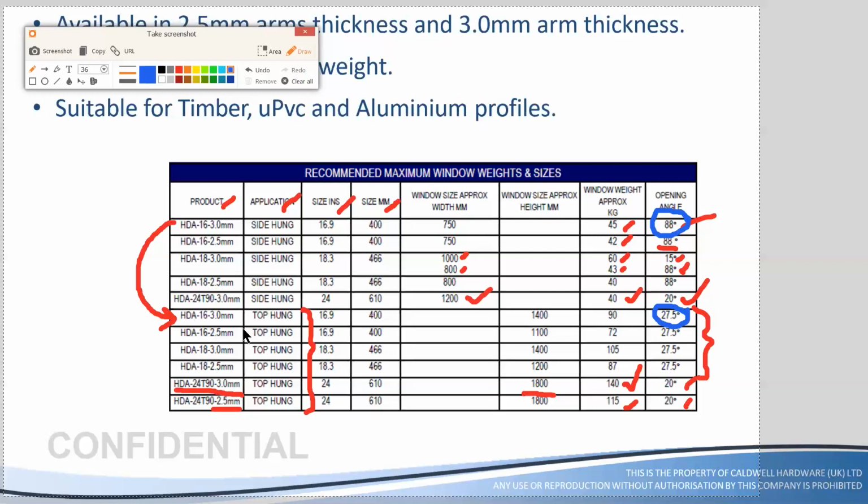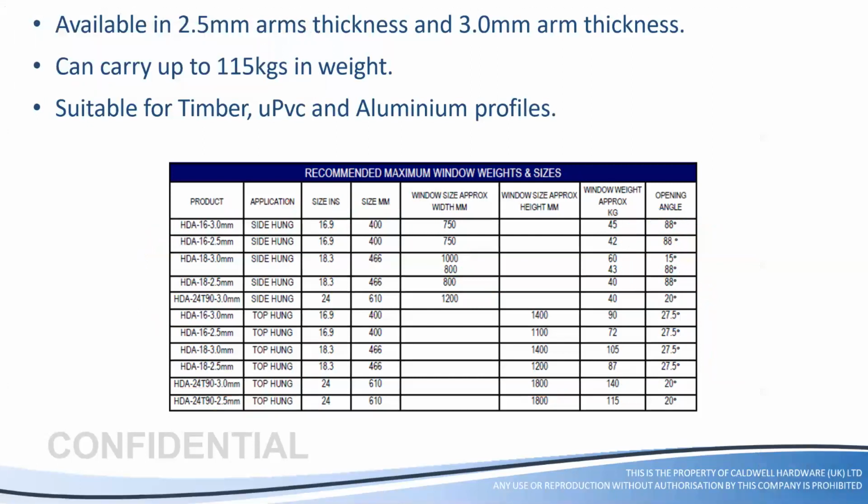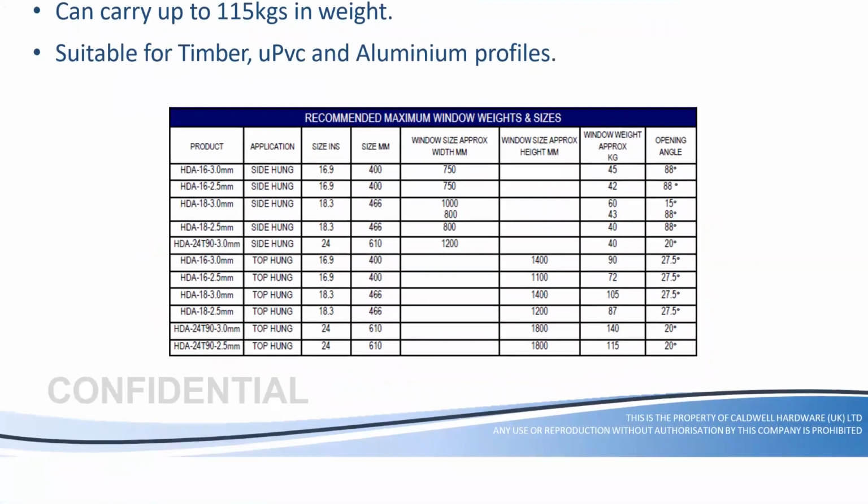If you consider the case vice versa, if anybody uses the side hung arm in top hung, the window will open beyond 27.5 degrees, which is not recommended, and it is risky from the fabrication point of view and the end customer point of view.